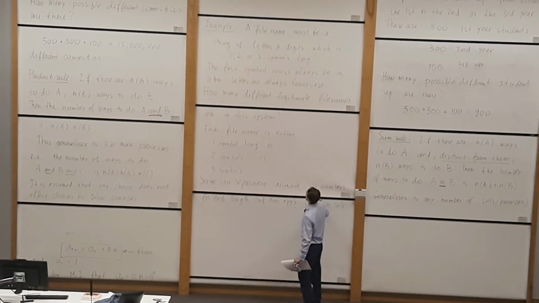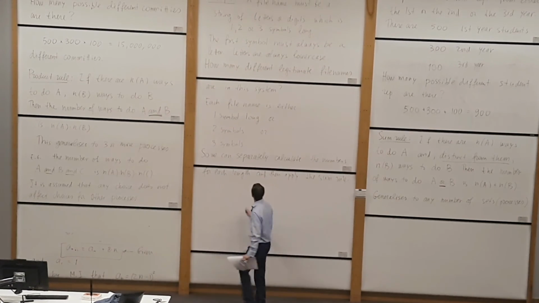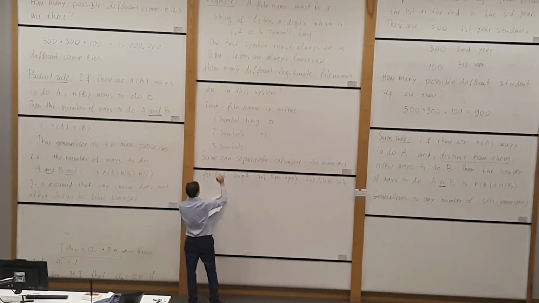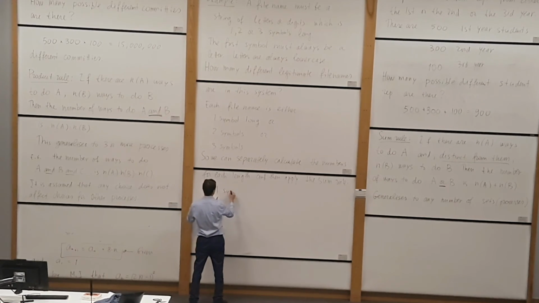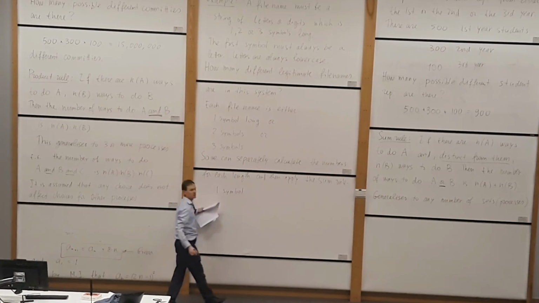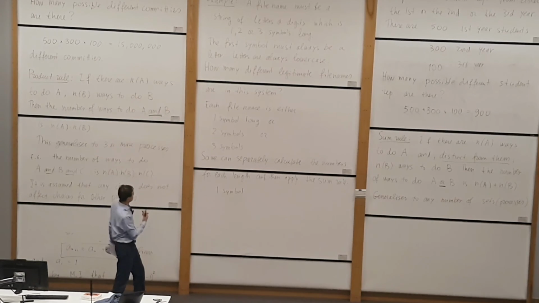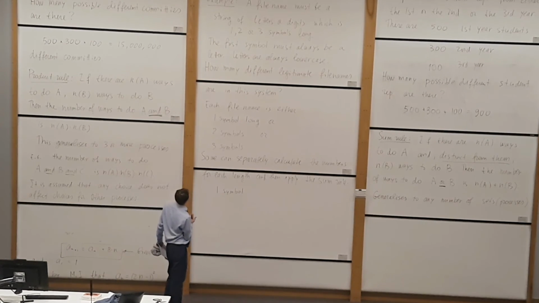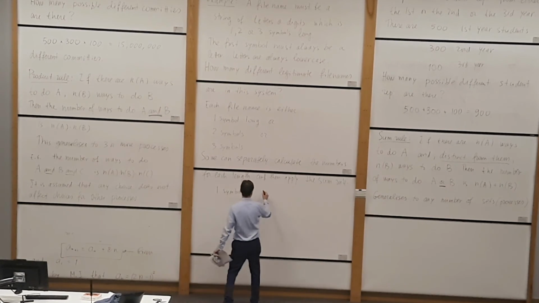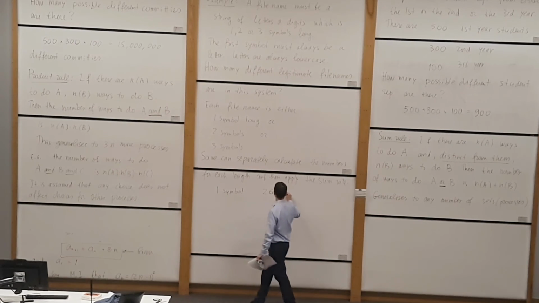Okay, so let's do that. For those file names which are one symbol long, we know that the first symbol, which is here the only one, must always be a lowercase letter, and there are 26 letters in the English alphabet, so there are 26 names.